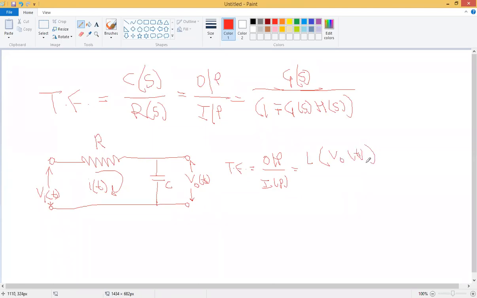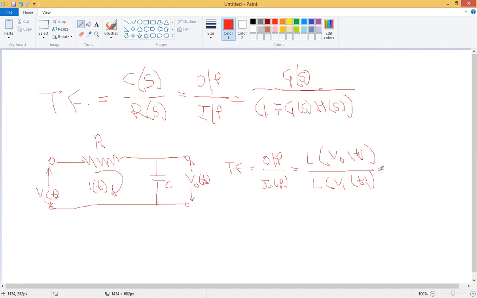So see, this is the first example. We'll see it in detail. Output is V of t, input is Vi of t. So this is the transfer function here in this case.